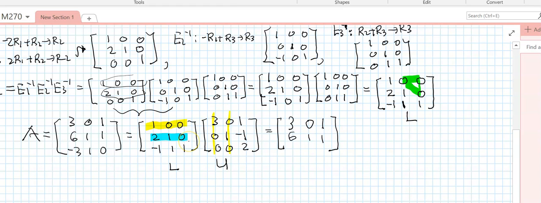The third row: the first one is negative 3, the second one is 1, and the last one is 1 plus 1 minus 1 minus 1 plus 2, which is 0. Which is A.